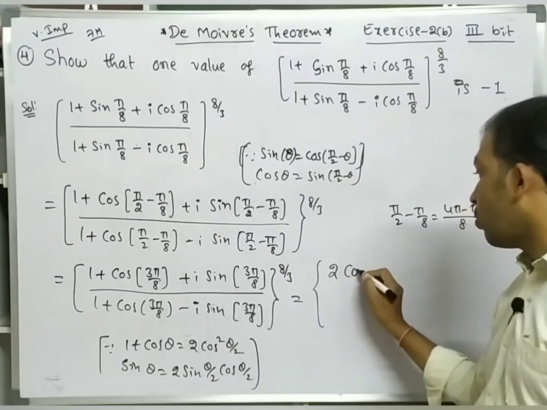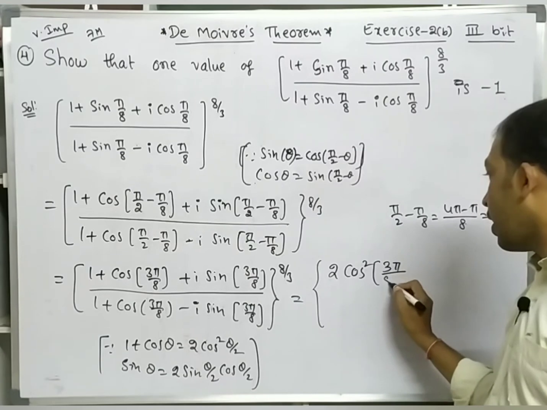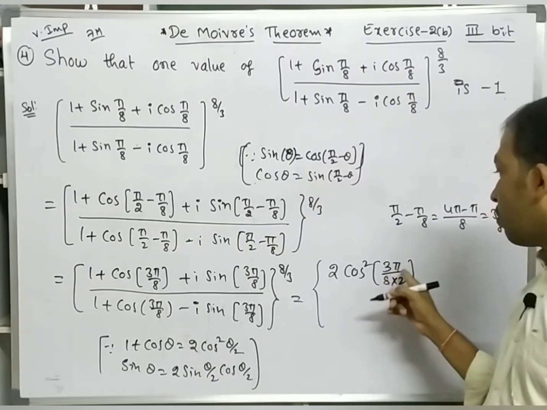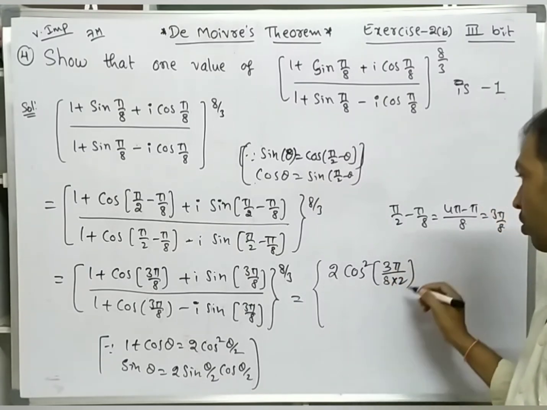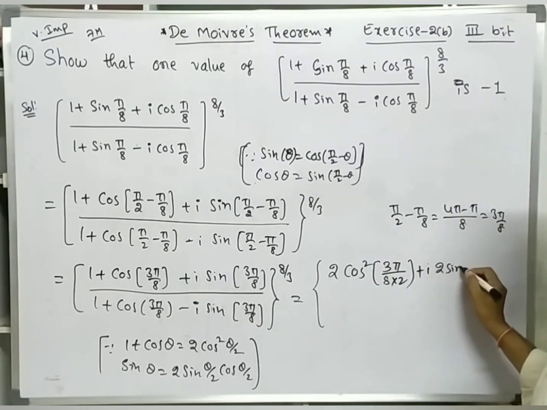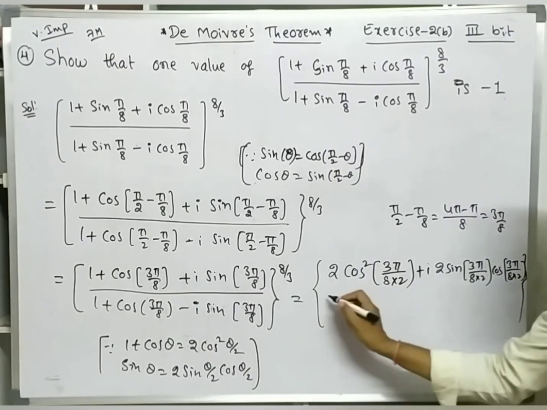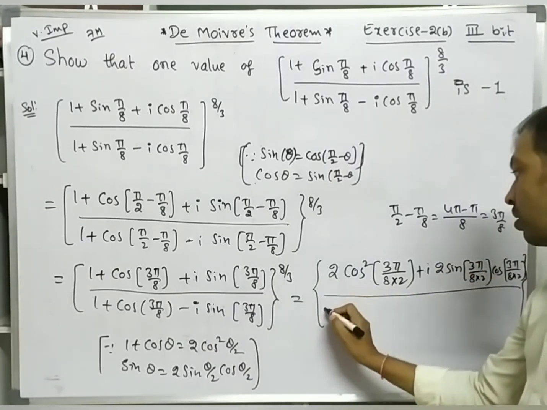That means 2 cos square, what is theta? 3 pi by 8, by 2. By 2 means we can multiply here, no problem. Plus i into 2 sin theta by 2, 3 pi by 8 by 2, into cos 3 pi by 8 by 2. Same terms in the denominator.